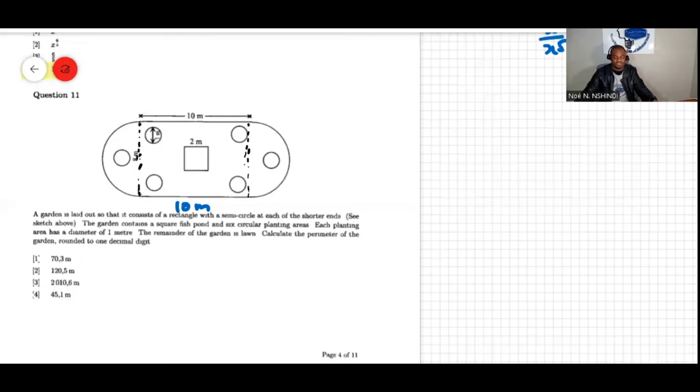I'm saying that because the circumference of the circle is given by 2 pi r. But because we're dealing with a semicircle, we divide by 2, so the semicircle will be equal to pi r. And if this is pi r, that must also be pi r.